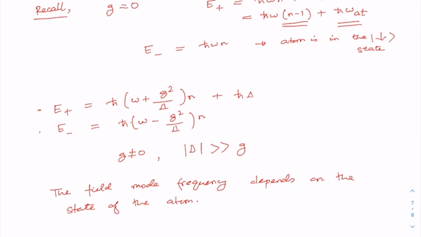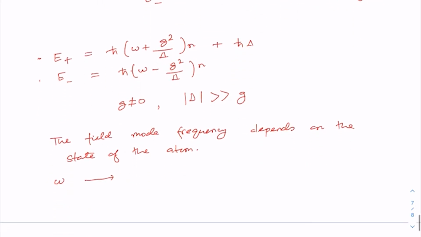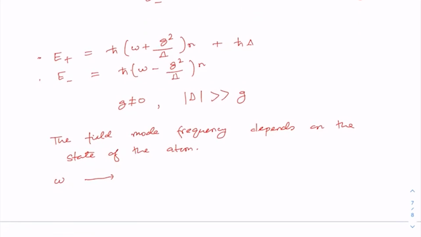Okay, this is an important result, because earlier, when there was no coupling, the field frequency was omega. Now, because of the coupling and when the detuning is very large, the field frequency becomes omega plus or minus z square by delta.